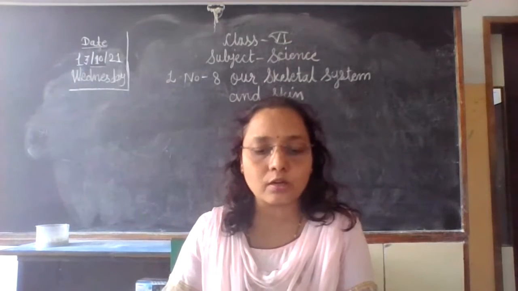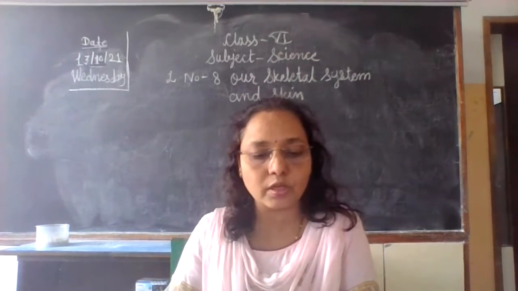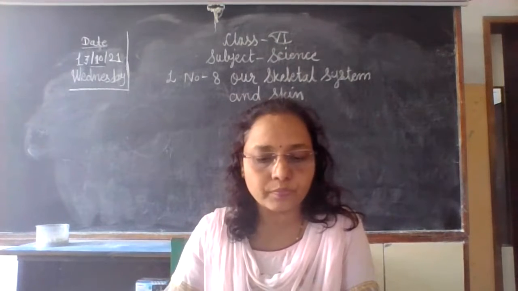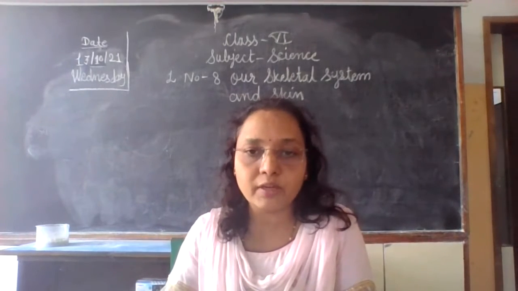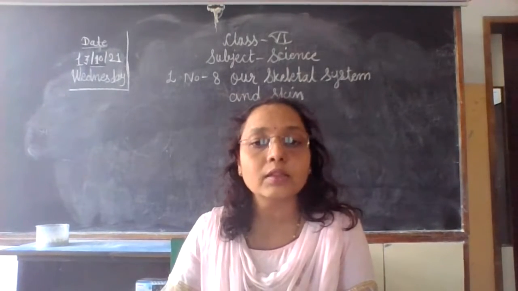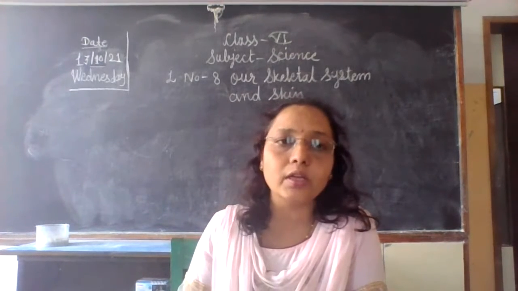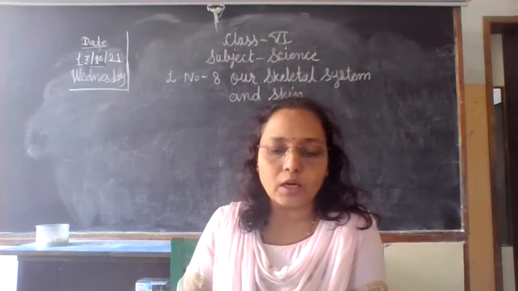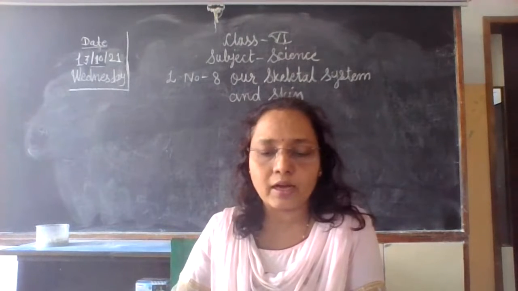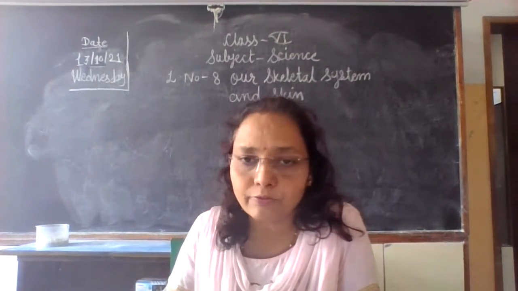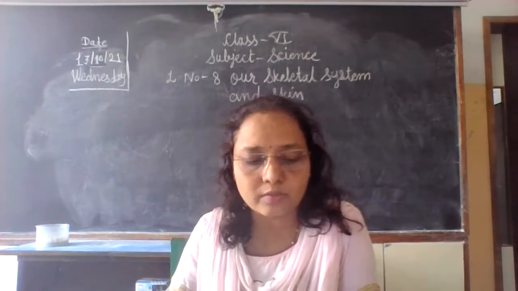Okay, the bones of the hind limbs are attached to the hip girdle, that is the hip bone. The upper bone is called the femur, also called the thigh bone. The thigh bone is the largest bone in our body. The lower bones of the leg are called tibia and fibula, two bones that join.